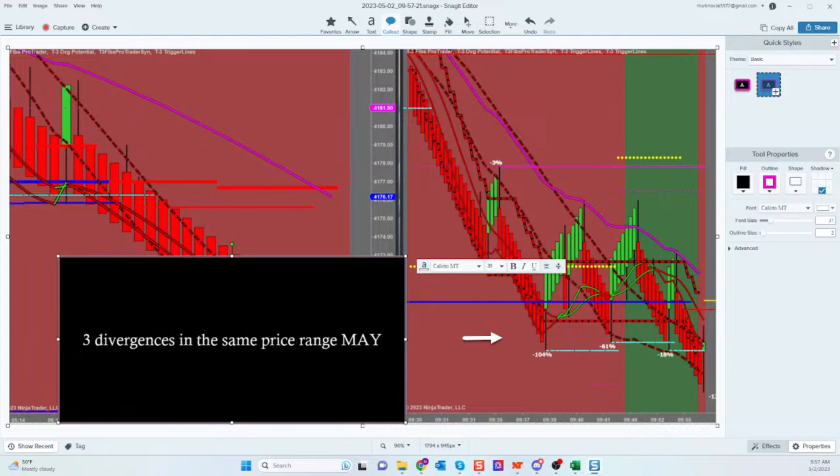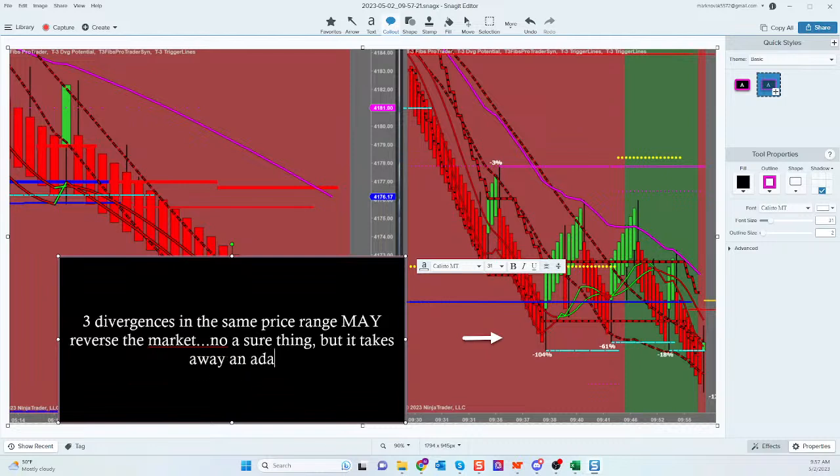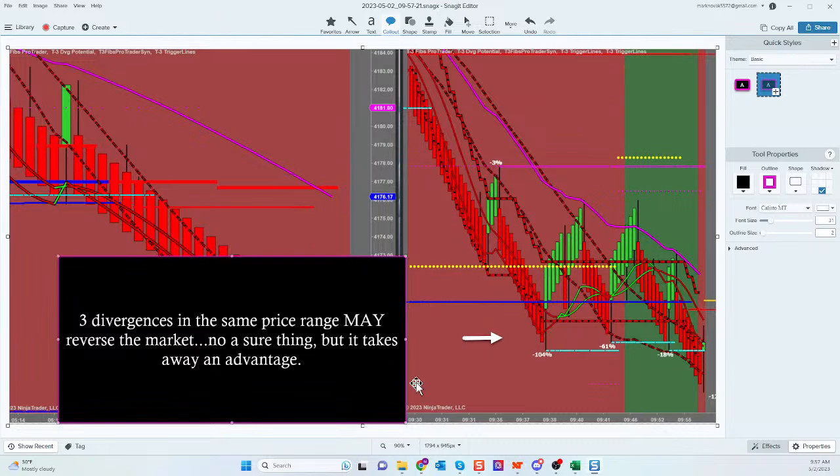May reverse the market. Not a sure thing, but it takes away an advantage. Right? Take that picture. What a great study tool.